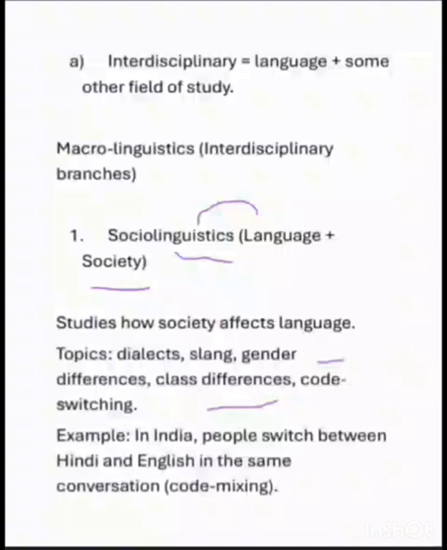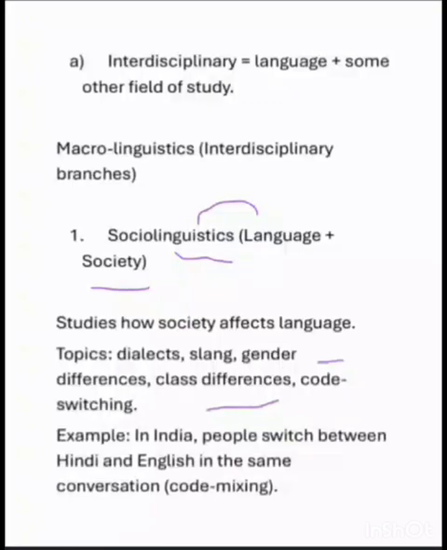For example, in different regions we see different languages. In India we can see various dialects of a language, and even in a particular state we see different dialects. So it deals with how society affects language, and how language changes within a particular society or community.